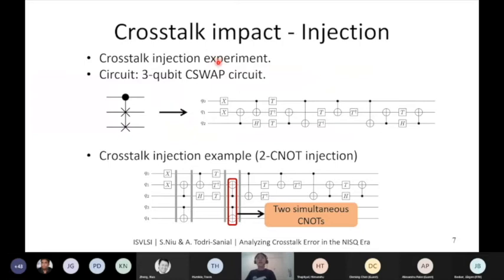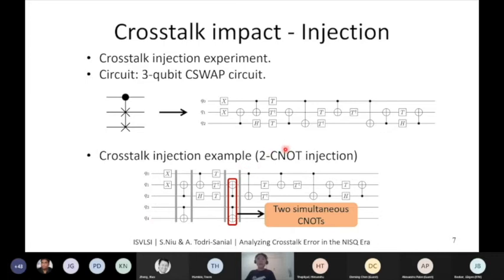In order to show the crosstalk impact on the output fidelity, we performed a crosstalk injection experiment. The benchmark circuit we chose is the 3-qubit C-swap circuit shown in this figure. It can be decomposed into a sequence of single qubit gates and some CNOT gates, shown in this figure. In order to inject crosstalk, we introduce two other qubits, Q3 and Q4.